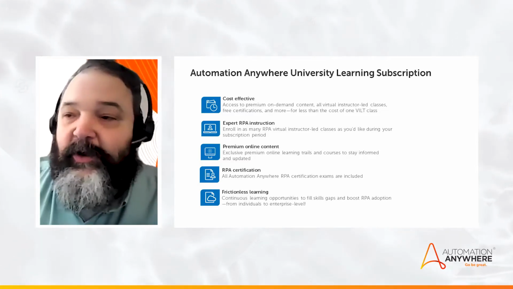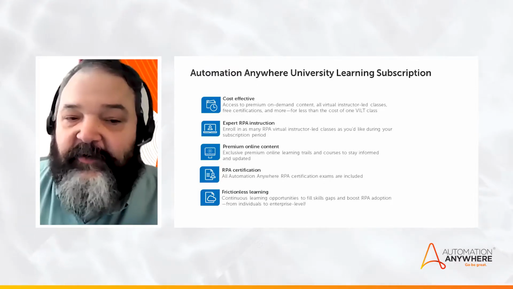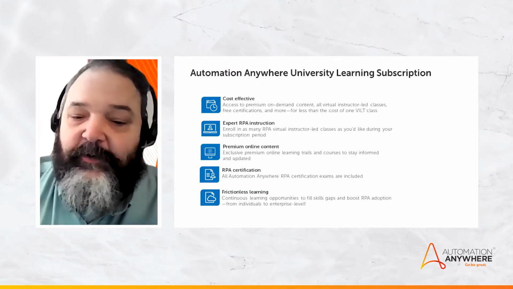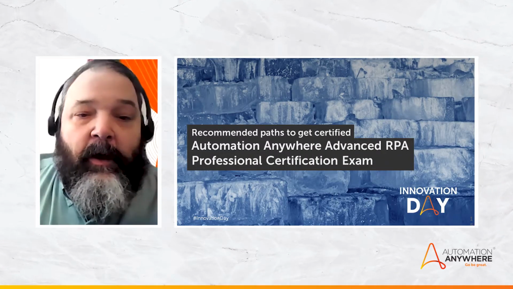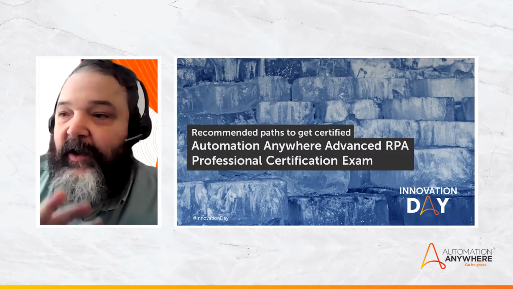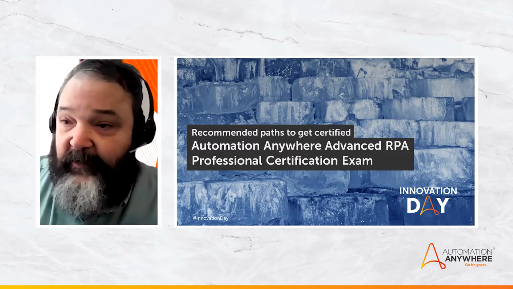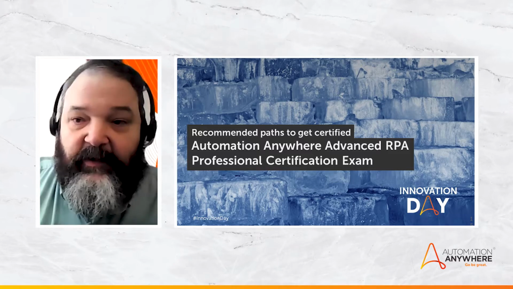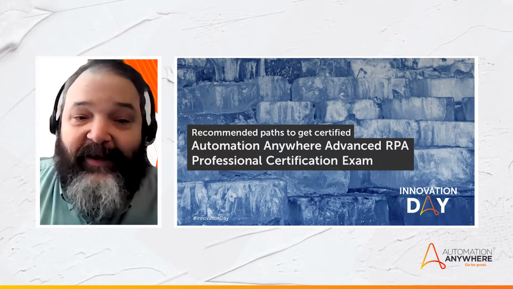How does RPA work with Oracle? So all those different types of instruction are frictionless and available to you when you engage through the learning subscription. Okay, so now we've gone through where the different parts are, the learning trails, instructor-led training, and the economic benefit of taking a subscription class.